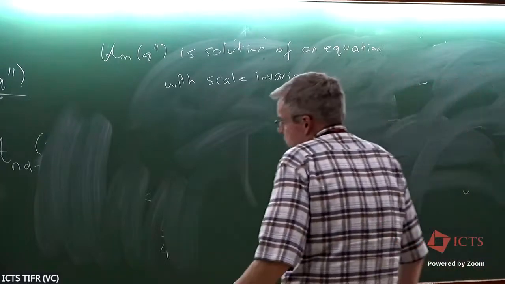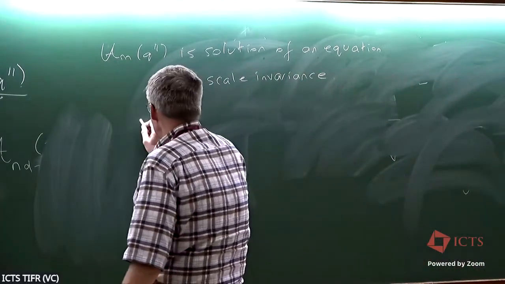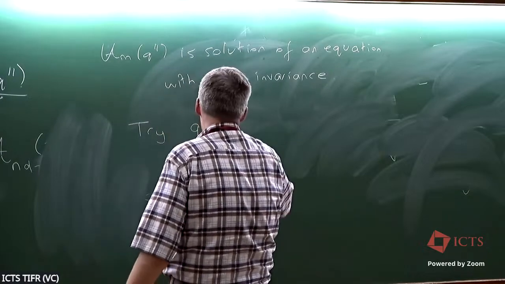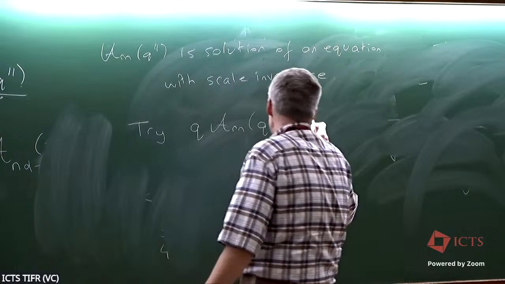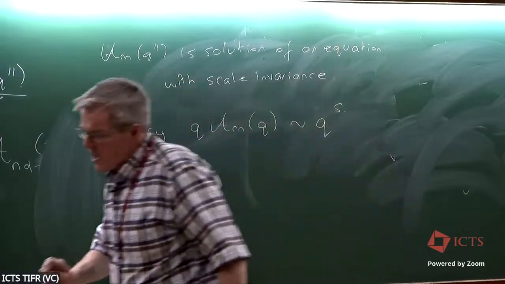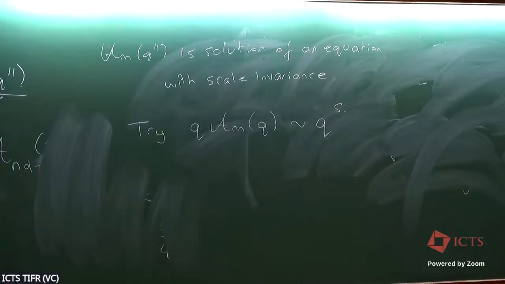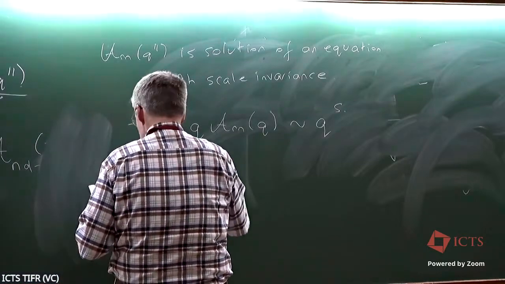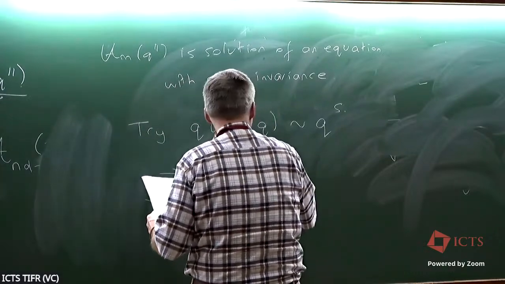So what these former Soviet gentlemen showed was that if you try a solution that's a power law, because it's a scale invariant problem, then the number S is the solution of a transcendental equation. We proved this using the Mellin transform, which I worked out once many years ago and haven't done since.